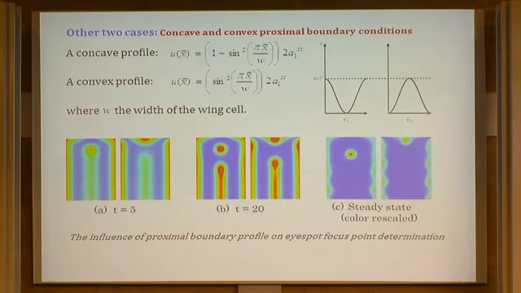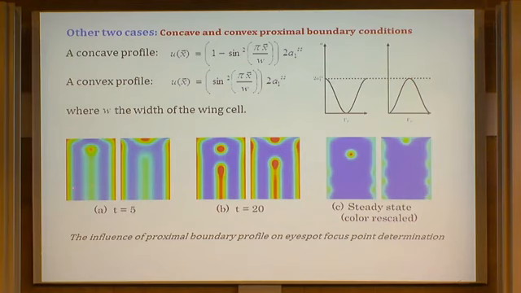Two other cases were simulated. One is a concave shape, just like here, using a concave profile function. And the other is a convex function for the boundary condition, just like this.